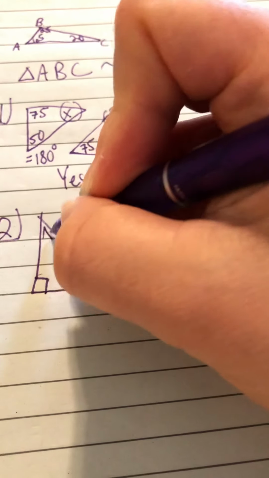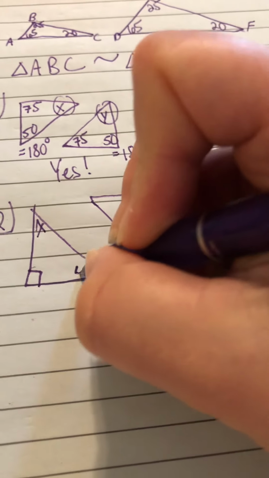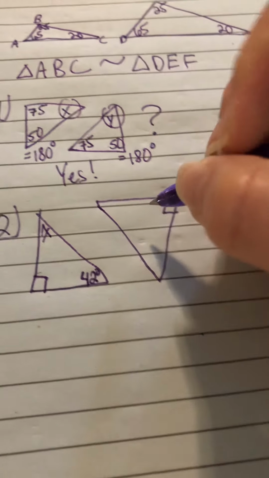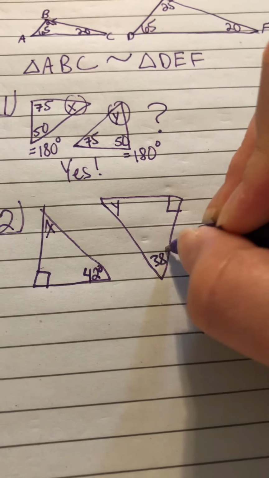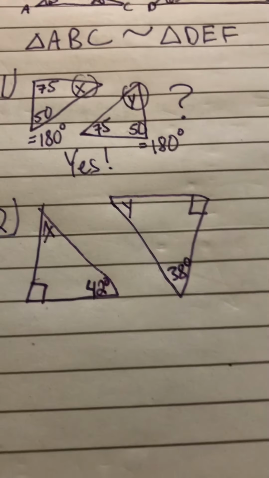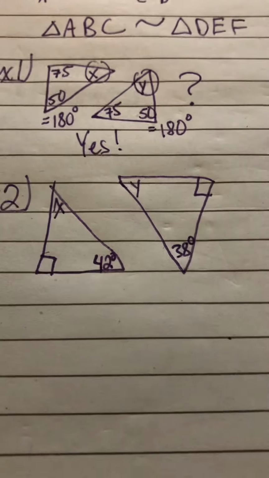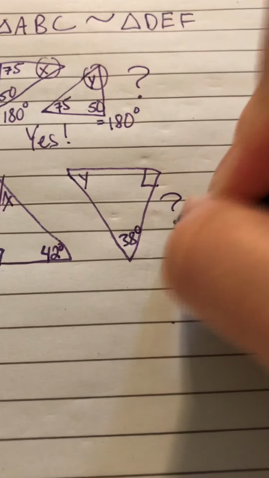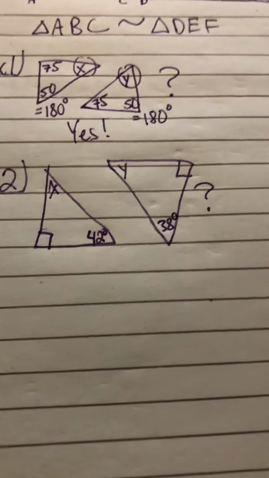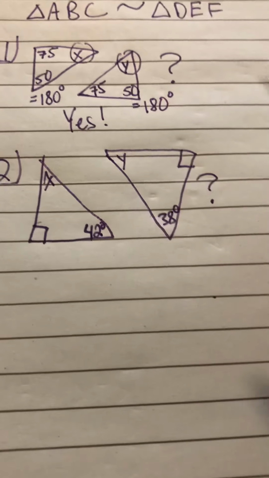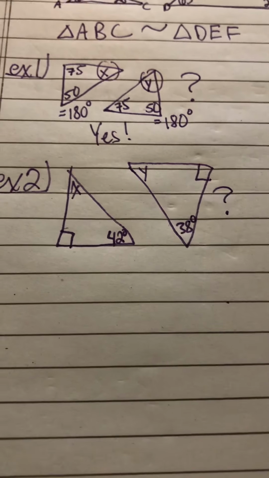I'm going to call this X. This one's going to be 42. I'm going to call this Y, and this is going to be 38. Okay, so the question again, and I'm just going to put a question mark beside it: are these triangles similar? Well, to really figure this one out, we do need to do some math.